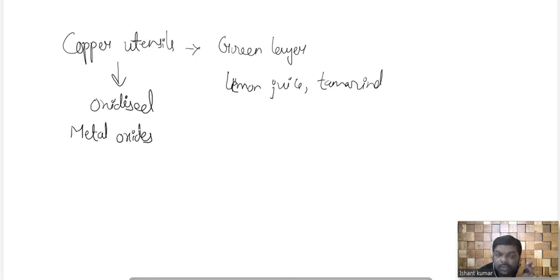So in order to remove these metal oxides, we use acids. Lemon juice and tamarind are sour in taste, which means they contain acid. We use these acids to neutralize or remove this metal oxide layer from the copper utensil, and hence we retain the shiny surface of our copper utensils.